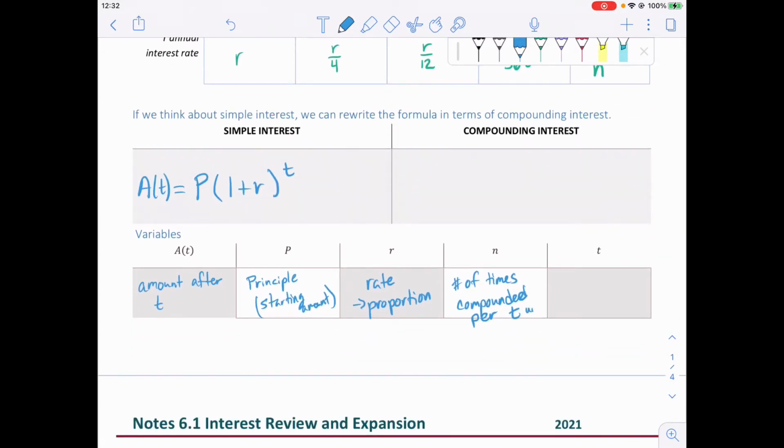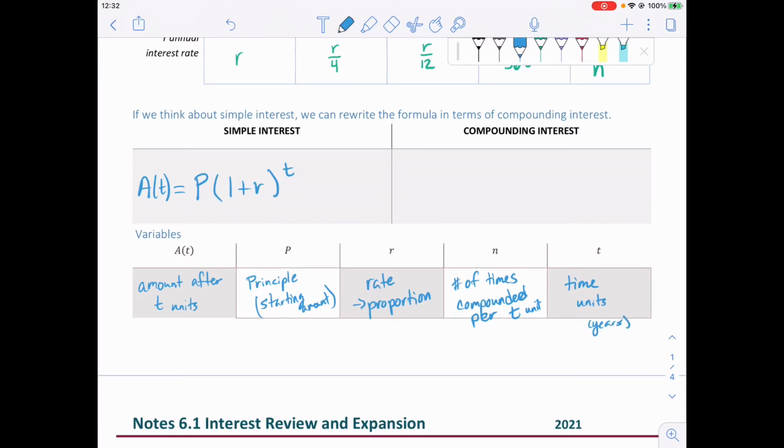So we'll say per t unit. Most of the time that's year. And t is our time, and it has some units. Often this is years. Doesn't have to be though.